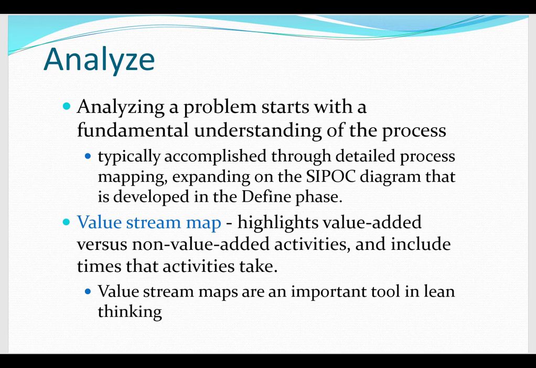A value stream map is essentially a process map, but it identifies value-added versus non-value-added activities, including the time it takes, takt time, cycle time, all kinds of measures of whether or not an activity is value adding. Because of that, value stream maps are generally a tool used in lean strategies and lean environments.